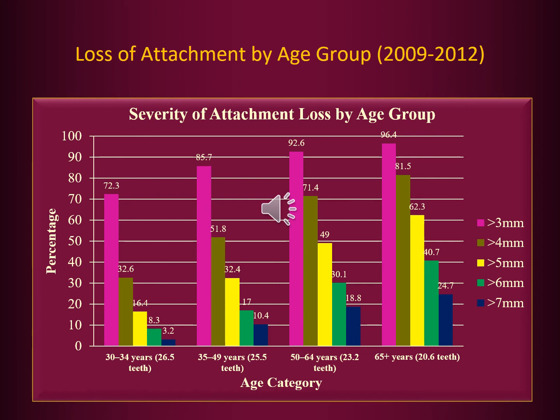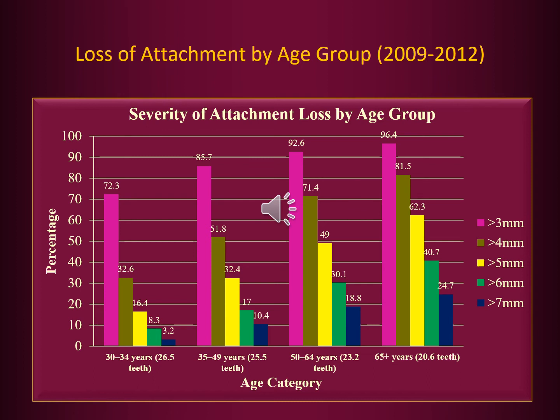If you look at the 30 to 34-year-old age group, and by the way, the numbers in the parentheses represent the mean number of teeth per age group. If you look at the bottom under the categories, for those who are 30 to 34 years of age, they have 26.5 teeth on average, etc.